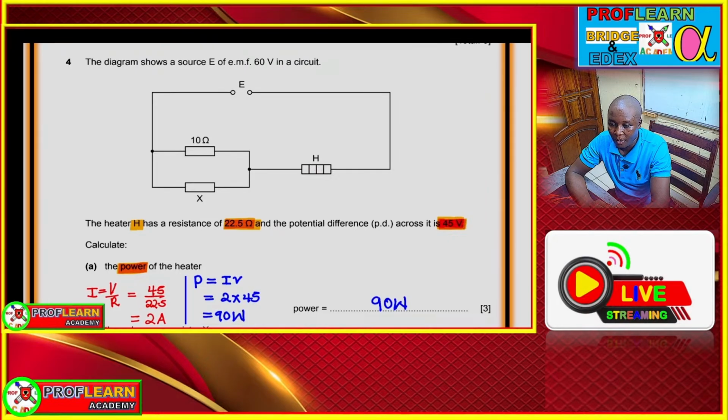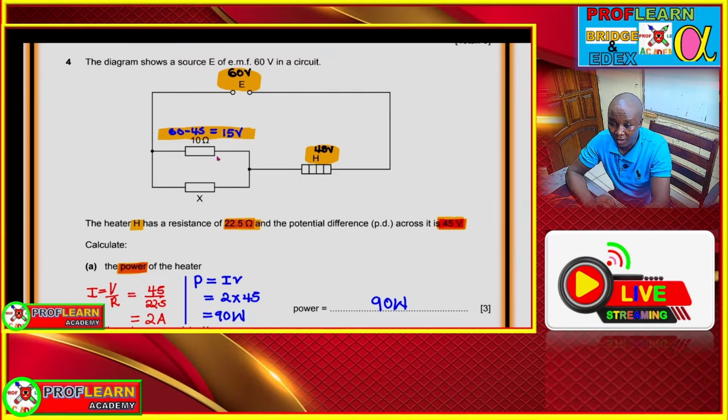Moving to the next part, remember here we have a potential difference of 45, but the EMF of the cell was 60. So what's the potential difference across this section here? This is going to be 60 minus 45, and that's 15 volts.